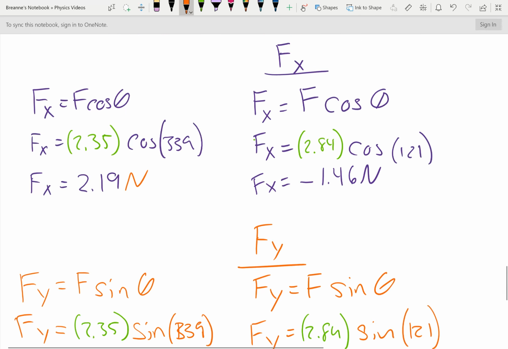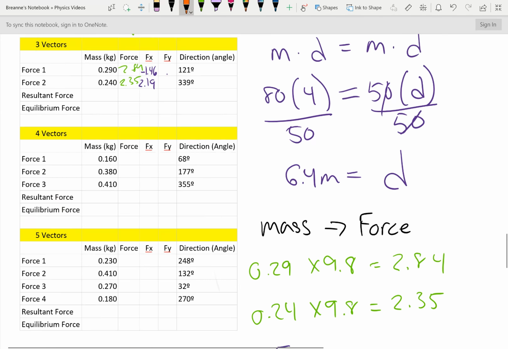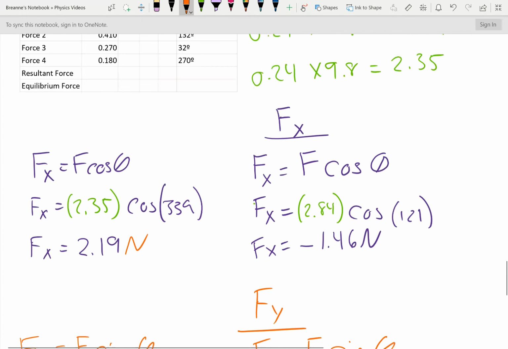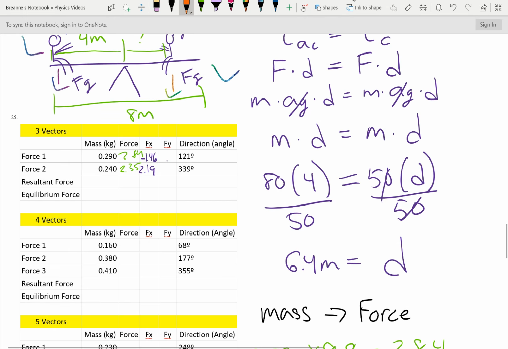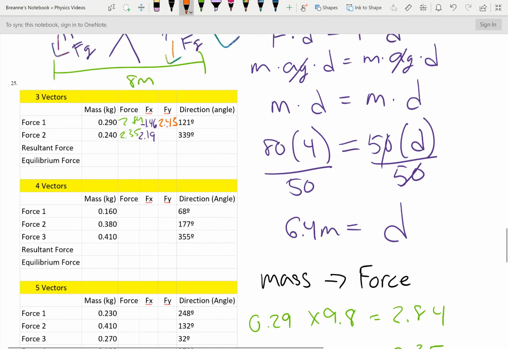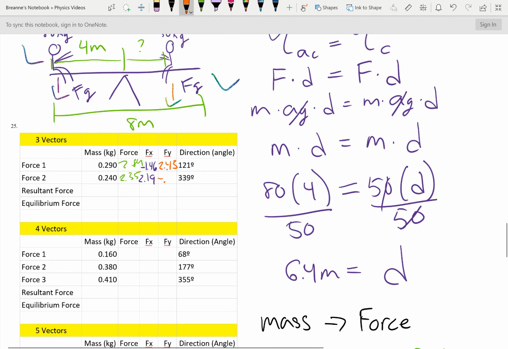And you would just plug in the information up here. So that's 2.43. And this one is negative 0.84.